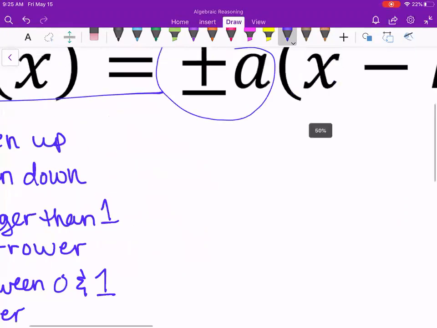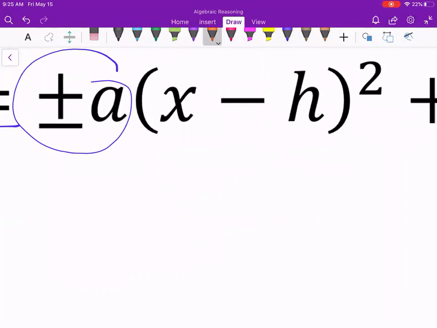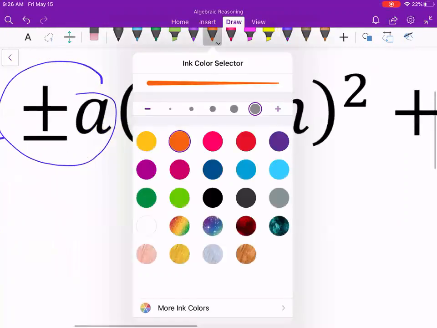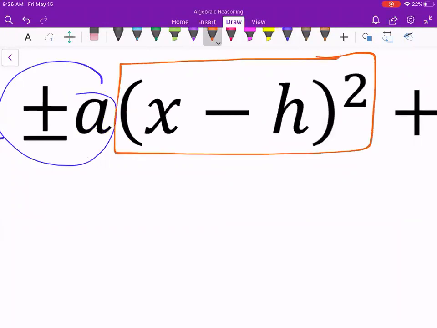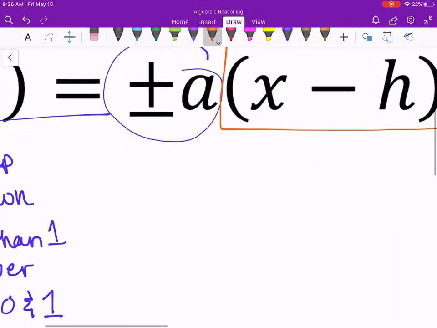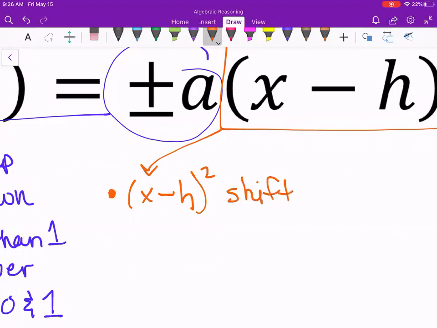All right, so the next thing that we want to review just for a little bit is the H value, which is what's going on inside these parentheses. So let's talk about those for a second. All right, the x minus h, the whole thing squared, refers to the left or right shift, if you remember. So we found out that if we have x minus h squared inside those parentheses, we need to shift right.